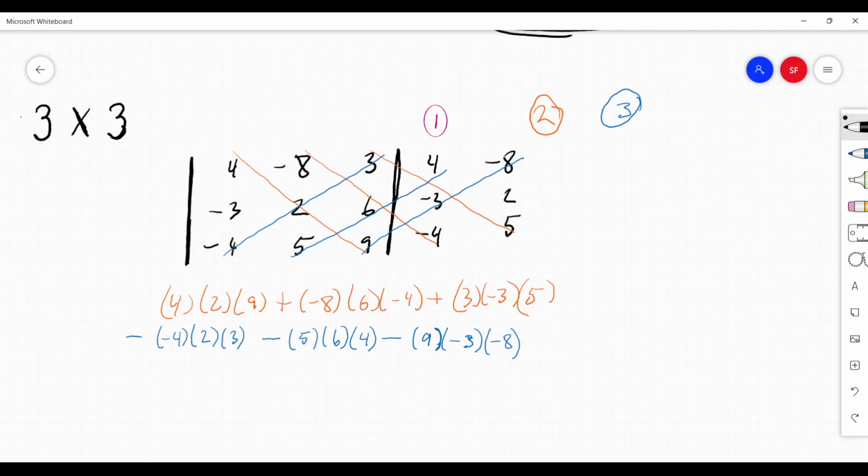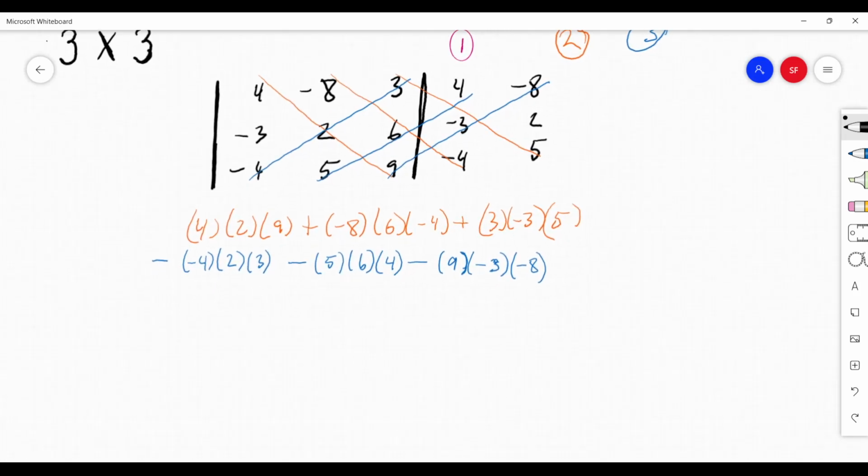Well, you multiply all of them, but you add down and you subtract up. See, these are still multiplied. Right. So you multiply, but you add going down. The orange ones we're adding between, and then we're subtracting the opposite ones.